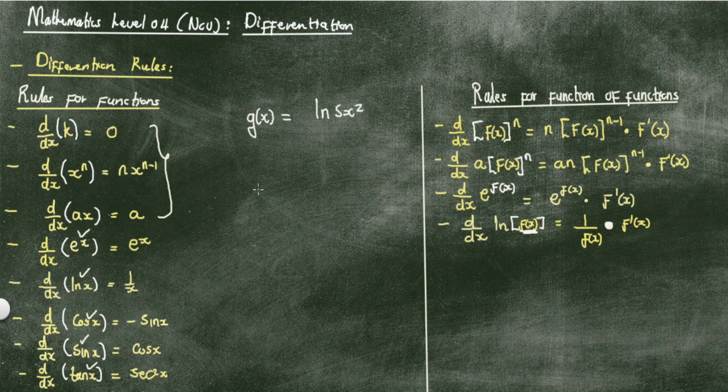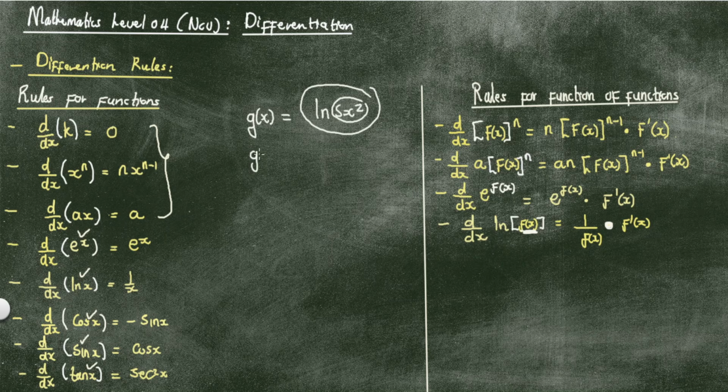Now look. This is the ln function. So this ln is a function on its own, but inside the ln, instead of having x, we have 5x squared, which means that the 5x squared is another function within the ln function.